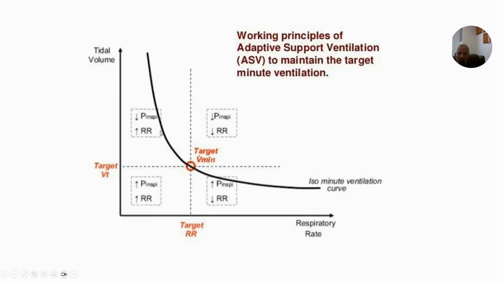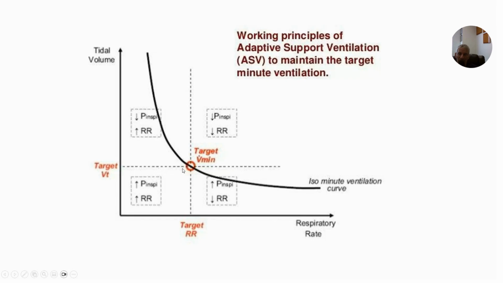This is basically how it looks. It's called the Otis equation. So you're trying to stay on this line, which is minute ventilation. And let's say you're up over here and your tidal volume is very high. So the machine will decrease the inspiratory pressure, and that way you could increase your respiratory rate.